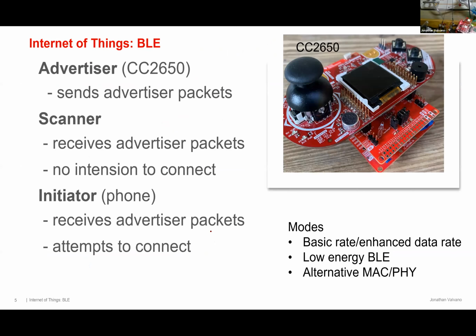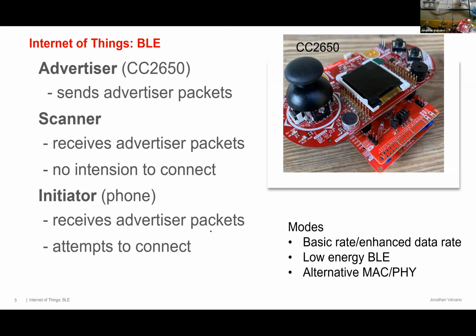We saw from the demo that the CC2650 is what we classify as the advertiser or the slave. Once it's initialized, it will sit there advertising, and you can set the advertising rate and all the advertising parameters.